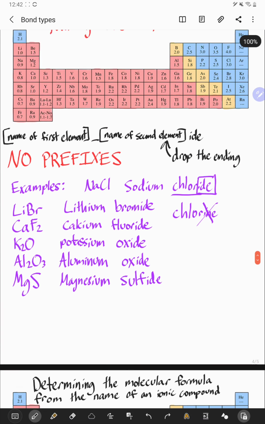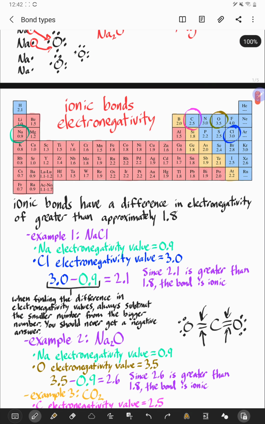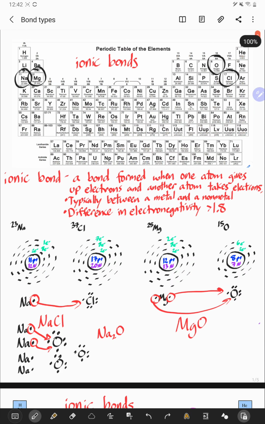So, actually, let's go back to our first concept where we talked about just what an ionic bond is. We said it's the complete transfer of electrons between elements when we form a compound.